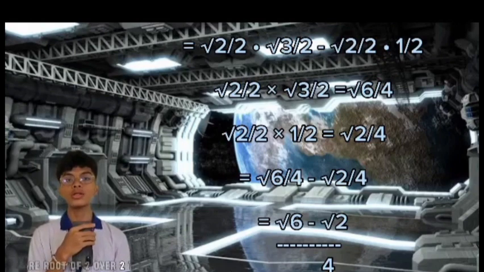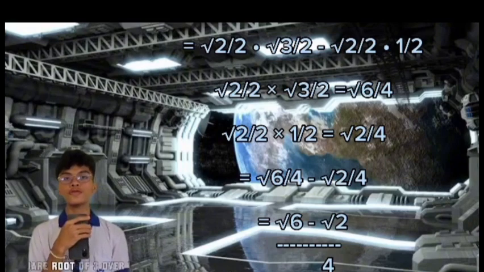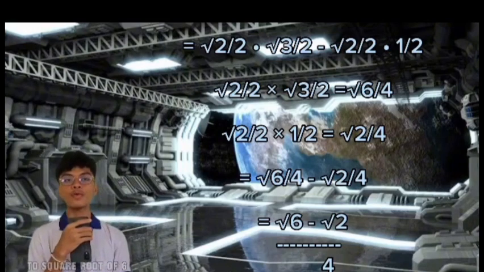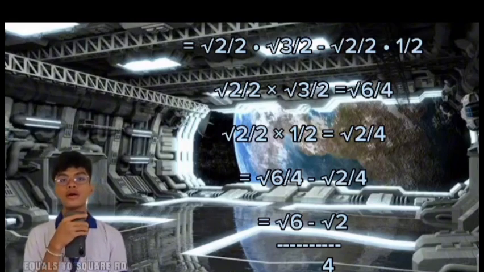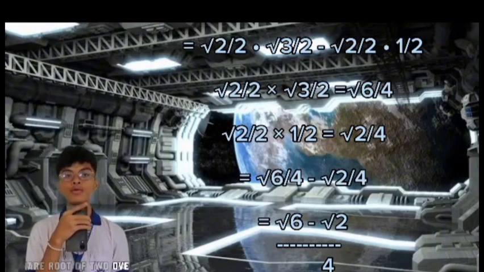Multiply square root of 2 over 2 and square root of 3 over 2, which is equal to square root of 6 over 4. Multiply square root of 2 over 2 and 1/2, which is equal to square root of 2 over 4. The equation will be square root of 6 over 4 minus square root of 2 over 4. And the final answer is square root of 6 minus square root of 2 over 4.